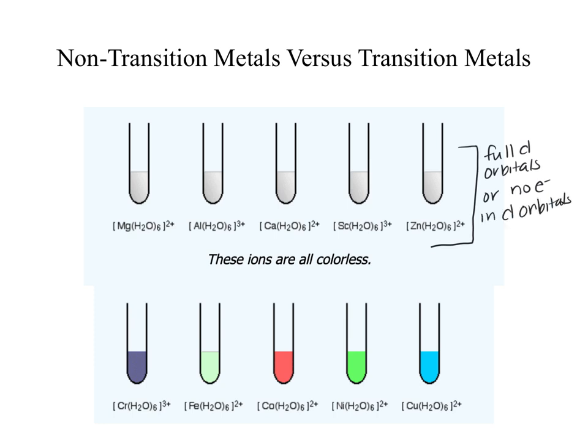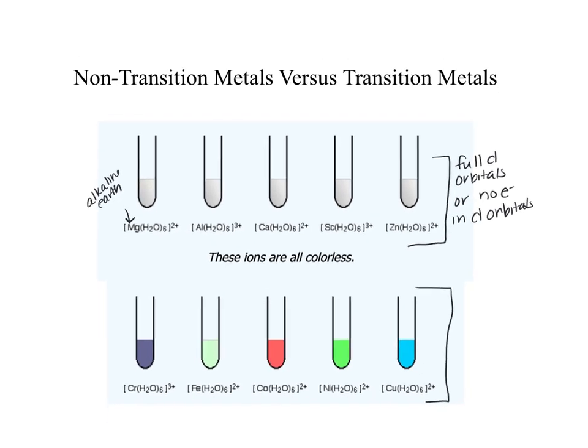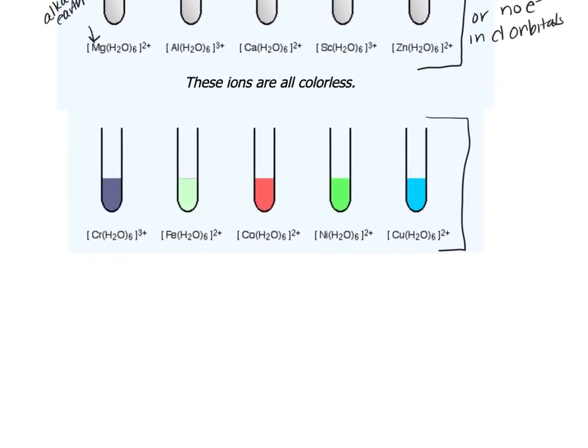For example, magnesium is not a transition metal with one empty space in a d orbital. This is a group 2, so it's an alkaline earth metal. None of these give us any colors. All of those are colorless. Now look down here. All of these ions, which are shown complexed with water, but when water doesn't have a charge, so it would be like chromium 3 plus, iron 2 plus, cobalt 2 plus, nickel 2 plus, and copper 2 plus.